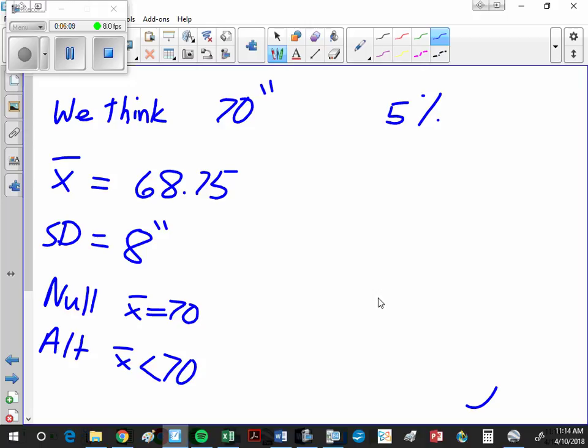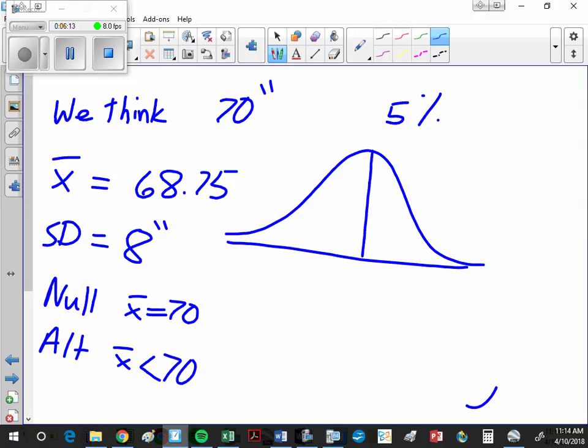So I draw my normal curve and I stick my expected value at 70, and then over here I have 68.75, and I want to make sure that this area is larger than 5, because if that area is larger than 5, I can accept the null hypothesis.